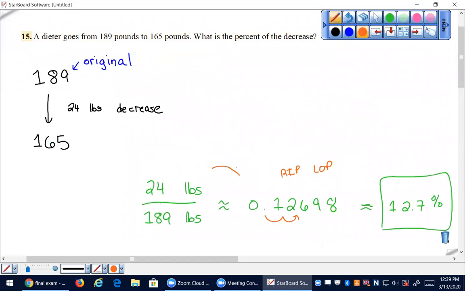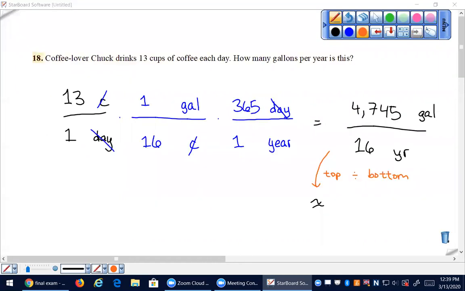Top divided by bottom. Okay, so whatever this is, divided by 16.